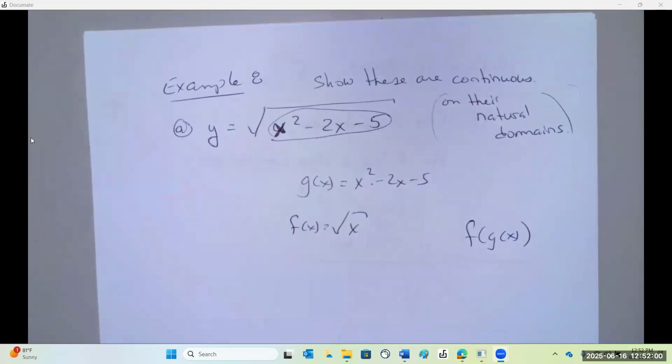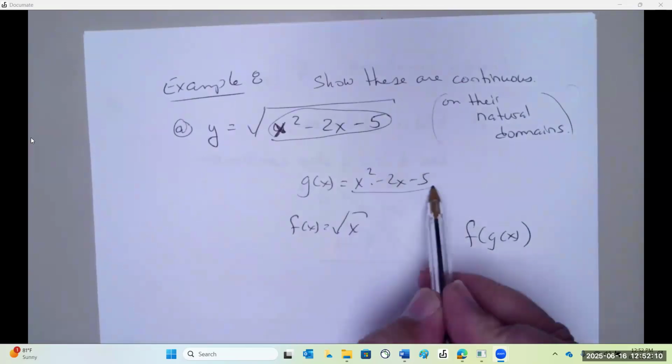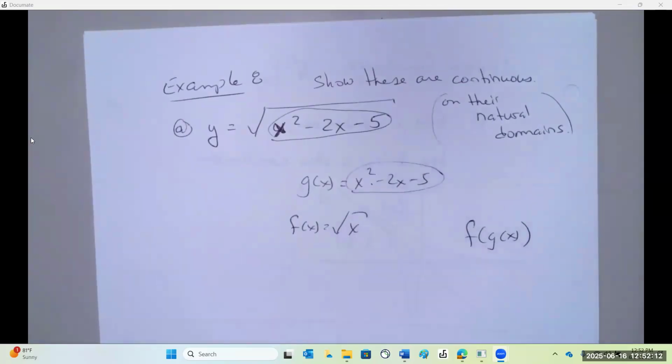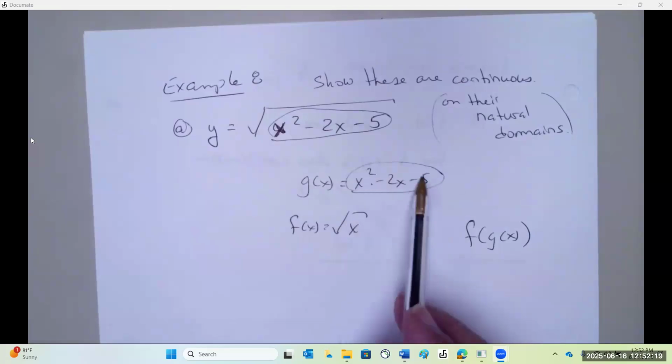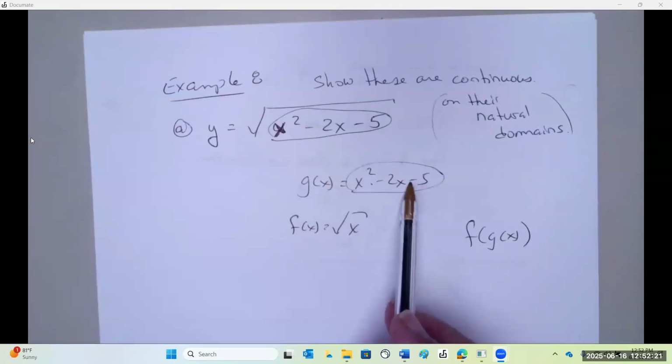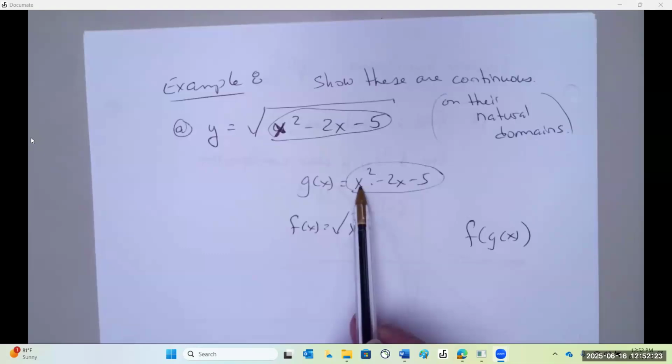So it is a composite function. Is it continuous? Well, you have to look at two parts. Is the internal function continuous on the domain? Yeah. There's nothing here that says it doesn't exist. I could plug in negative for x. I could plug in 0 for x. I could put positive for x.